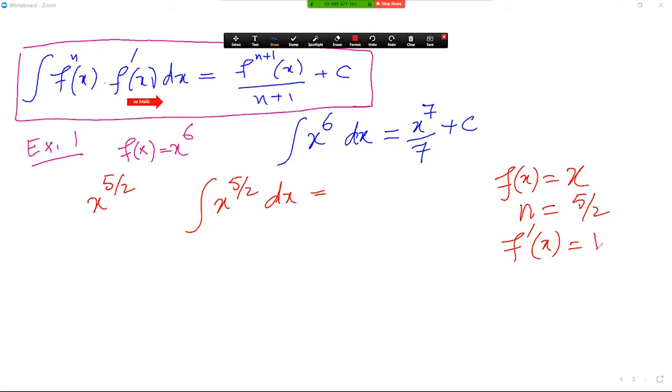Let me just rub that thing because it may confuse someone. So we have now compared this question with our equation or the formula.